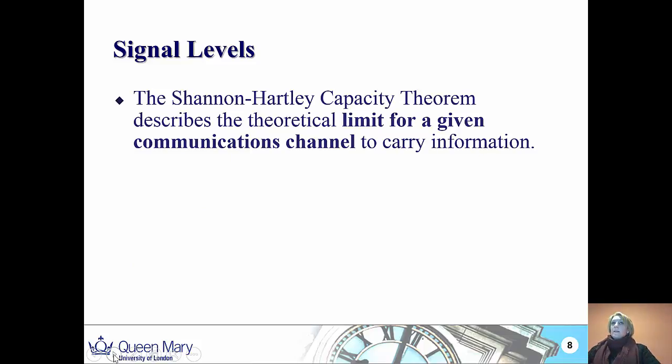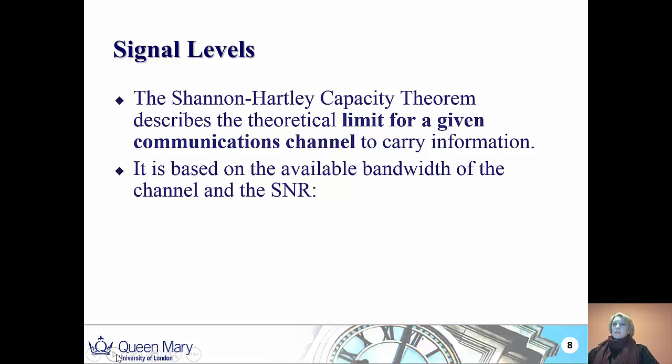So our Shannon capacity theorem, we saw in week 1, describes a theoretical limit. This is the ideal limit for a given communications channel in order to carry information. It takes into account both the bandwidth and the signal to noise ratio.